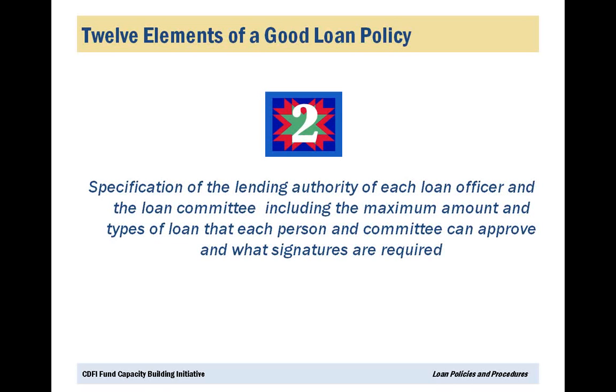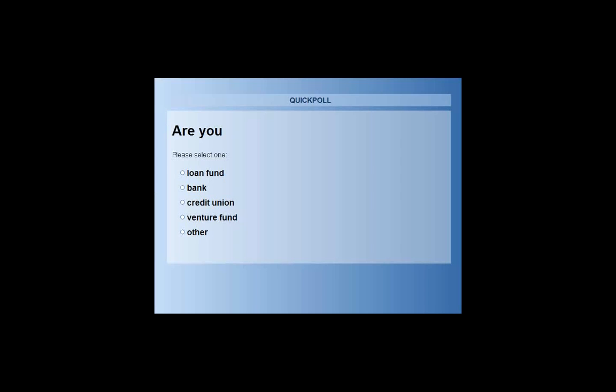All right, I'm going to move on to element number 2, but I would like to take a poll right now also to learn a little bit more about you. We have 67 people on the call right now, and I'd like to ask each of you what type of CDFI you're from. We have some choices about housing and business.